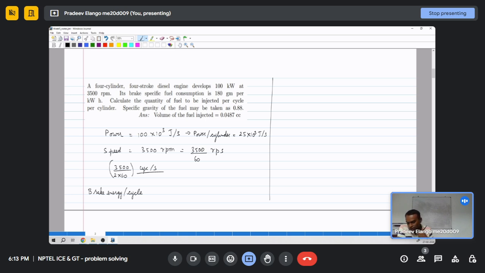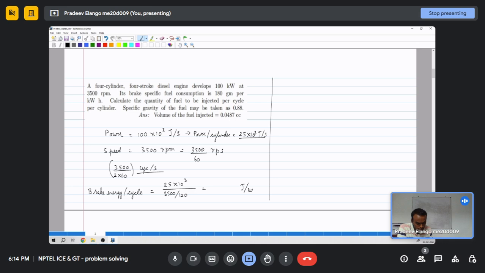Now we can calculate the brake energy per cycle. So how do we get it? Divide this 25,000 joule per second by something cycle per second, which will give me joules per cycle. So brake energy per cycle is 25 into 10 power 3 divided by 3500 by 120. Can you calculate this?